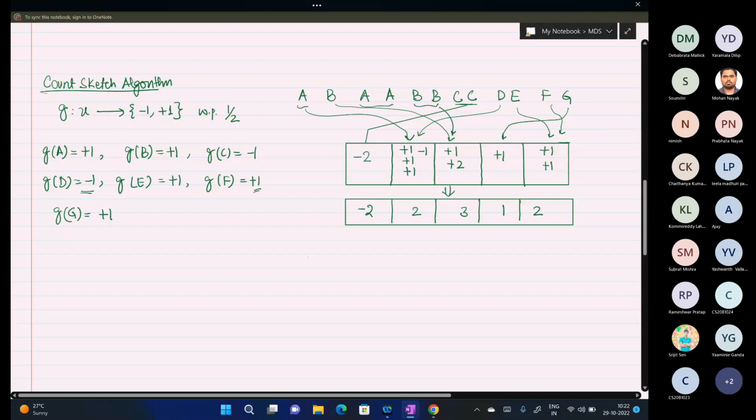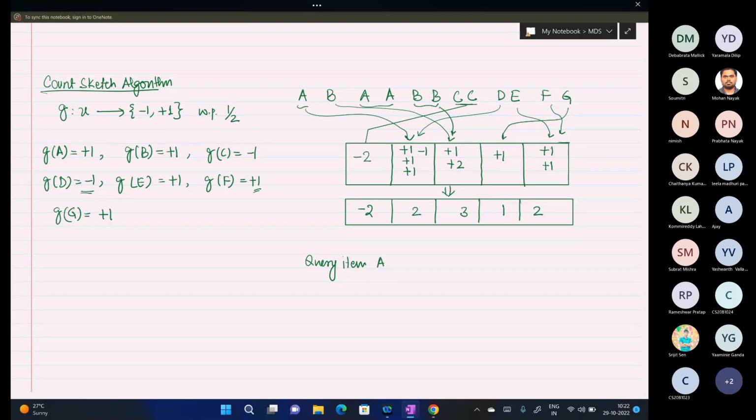Right? So suppose our query item is A, and suppose we denote this sketch as CS.